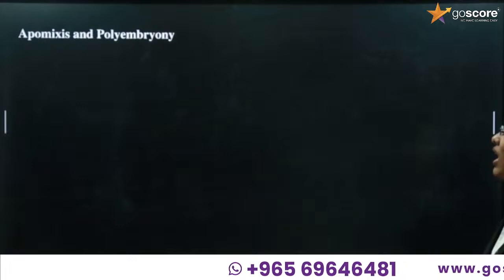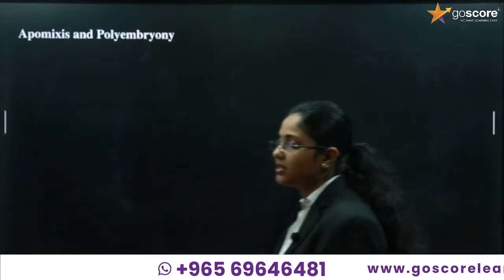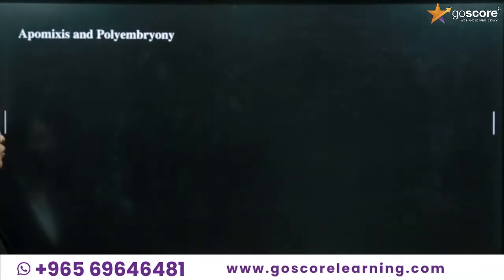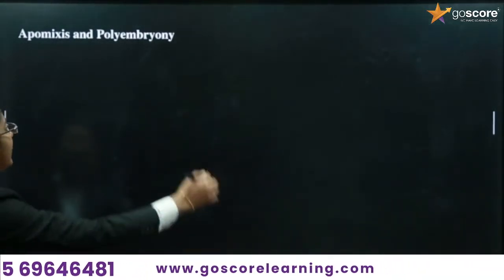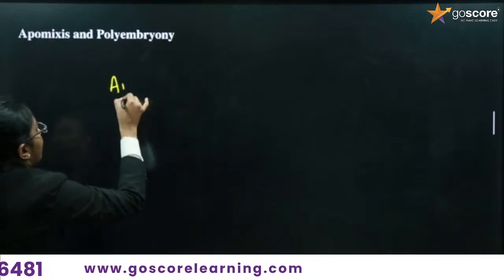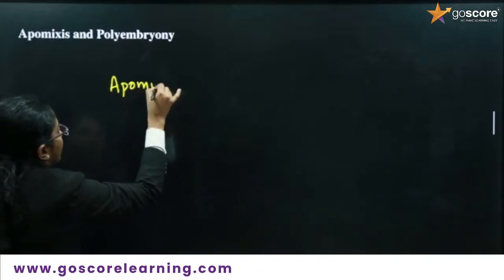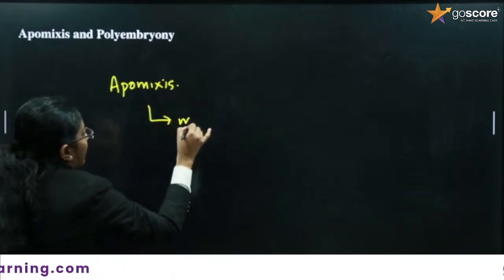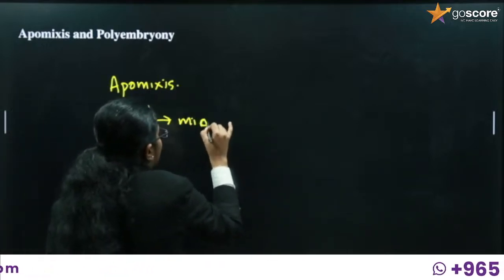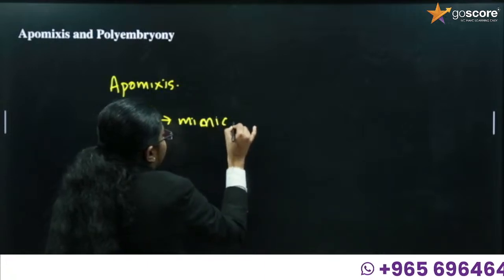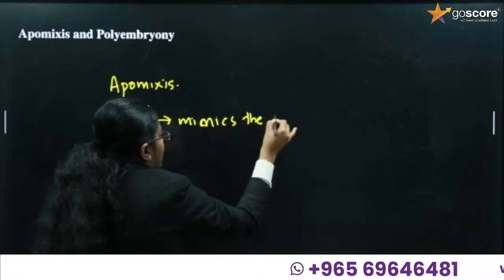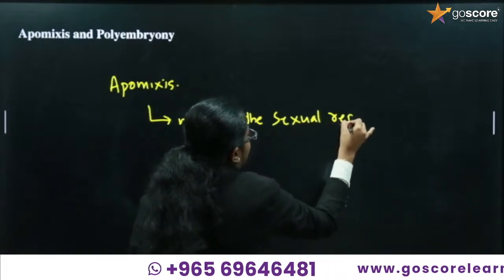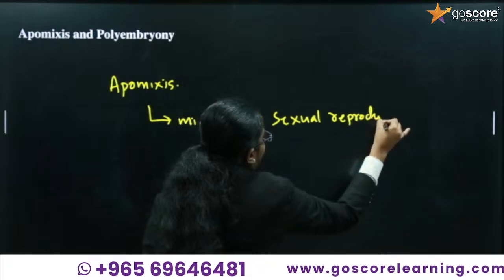Next we will be discussing apomixis and polyembryony, the last portion of this chapter. What is apomixis and what is polyembryony? Let's discuss apomixis first. It simply mimics sexual reproduction.